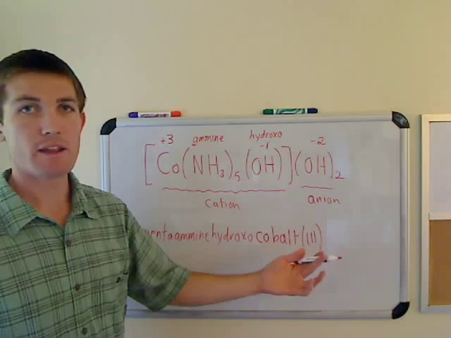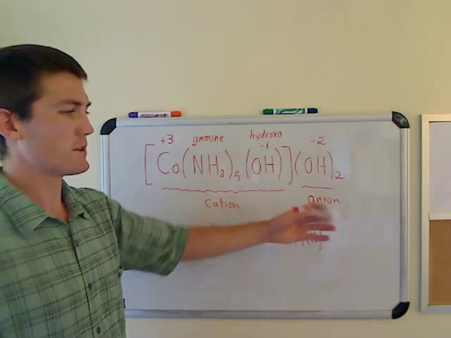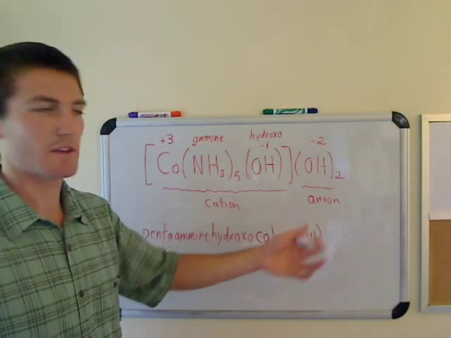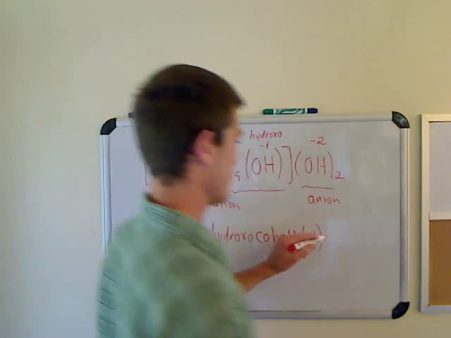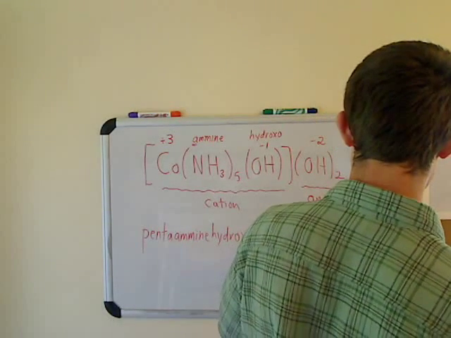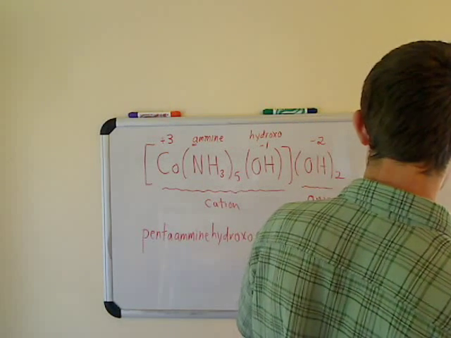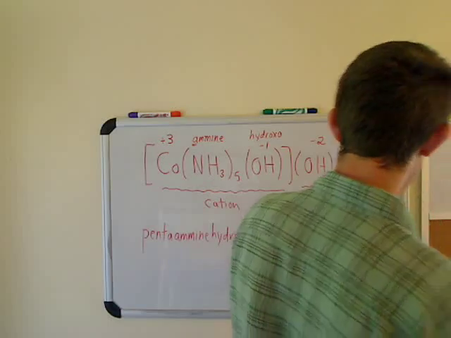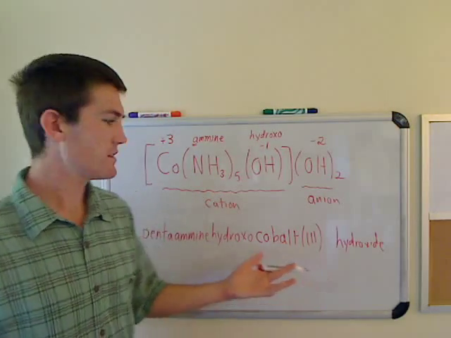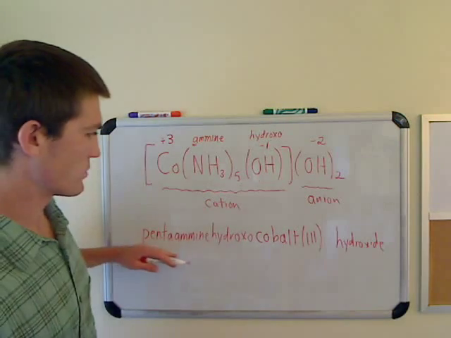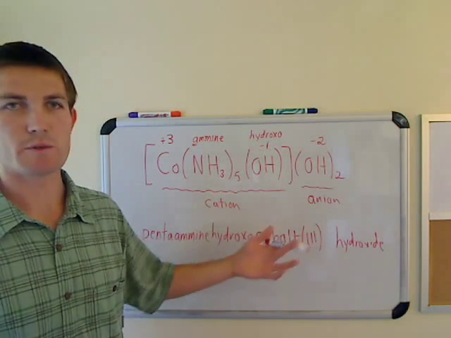And now we need to name our anion. We just name it as usual, hydroxide. So pentaamine, hydroxo, cobalt 3, hydroxide. One thing to point out: for this complex ion, the convention is to just run all these letters together, no spaces between the words.